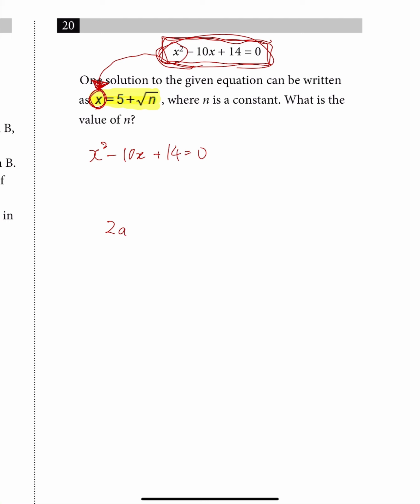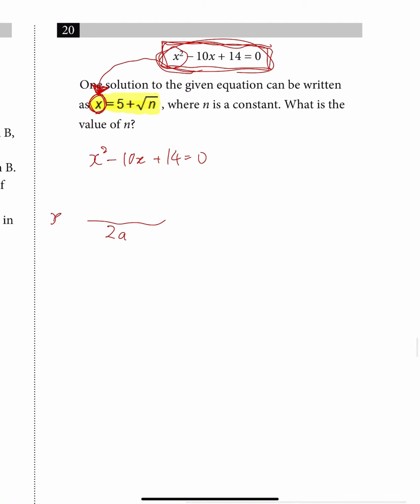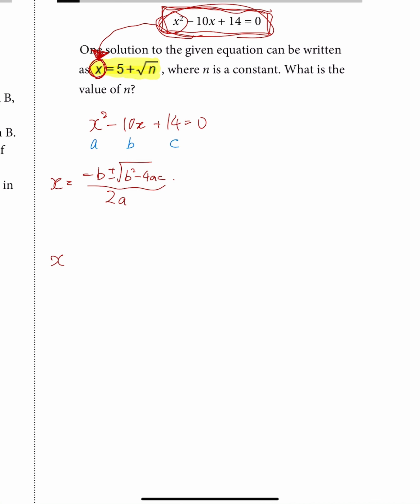Our quadratic formula is x equals minus b plus minus root b squared minus 4ac, all over 2a. Let's assume that this is our a, this is b, and this is c, and let's substitute. So 2 times a, what is our a?